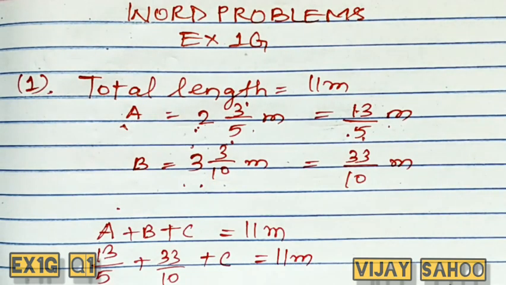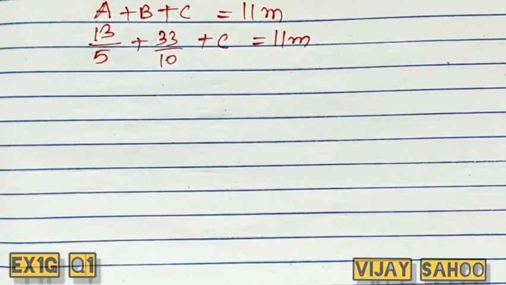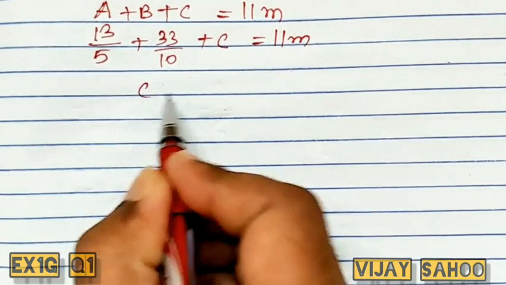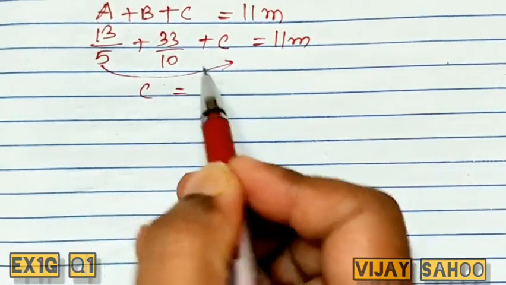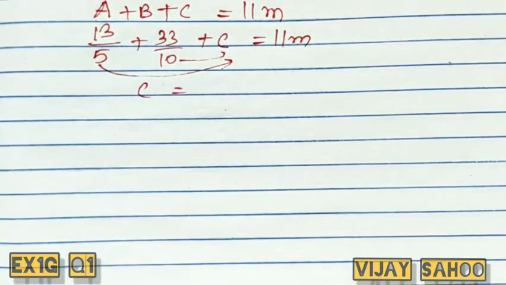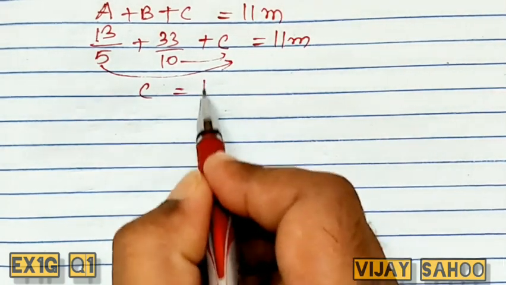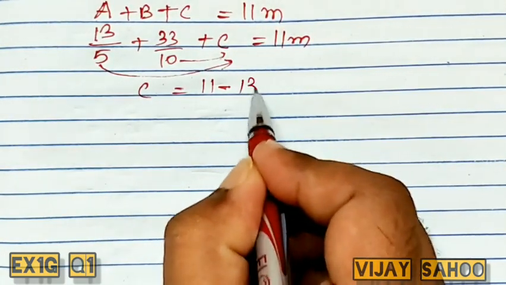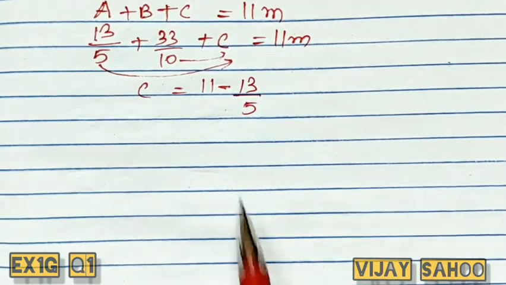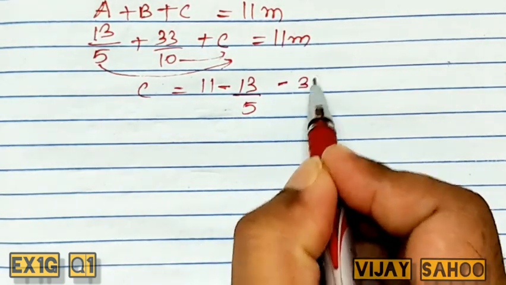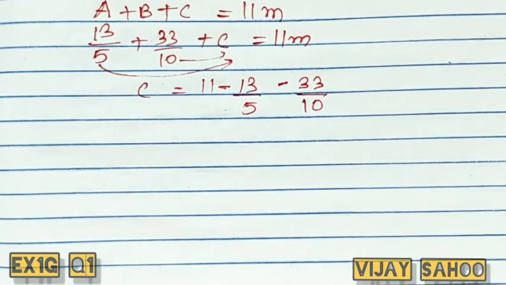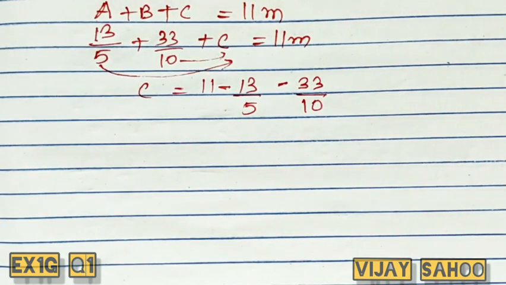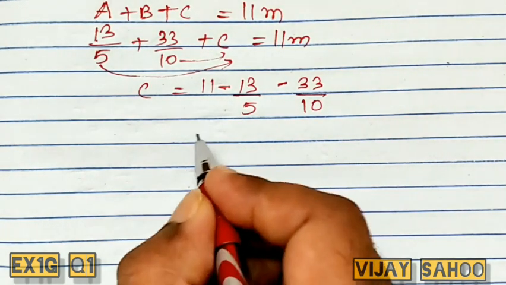Now we shift the known parts to the right hand side. C will be 11 minus 13 by 5 minus 33 by 10. Now we'll take the LCM.